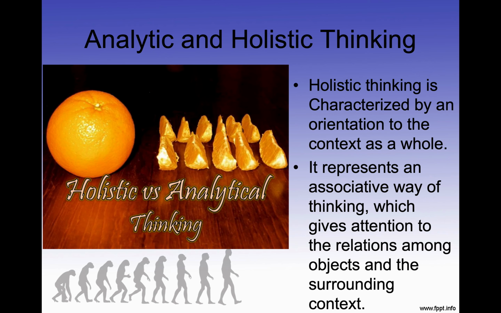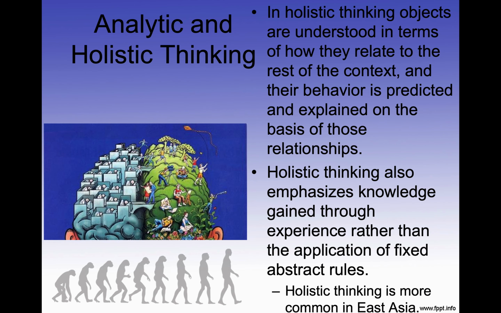Holistic thinking is characterized by an orientation to the context as a whole. It represents an associative way of thinking, which gives attention to the relationship among the objects and surrounding context. In holistic thinking, objects are understood in terms of how they relate to the rest of the context, and their behavior is predicted and explained on the basis of those relationships.